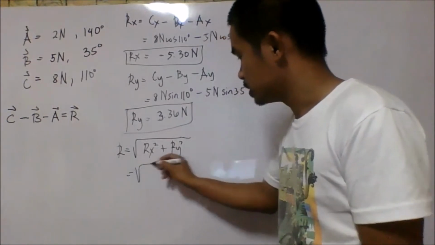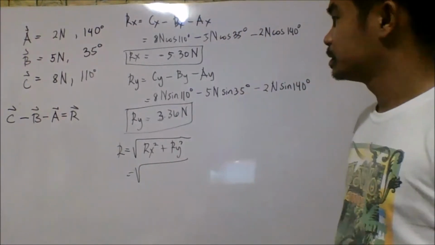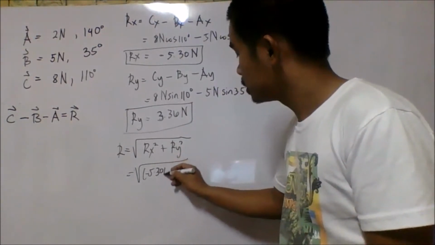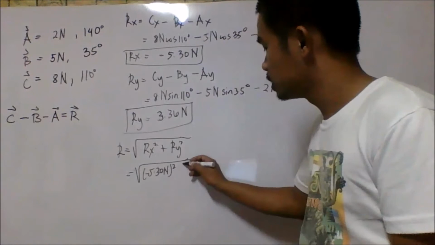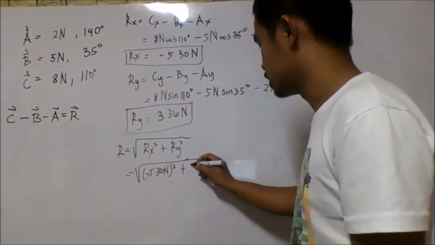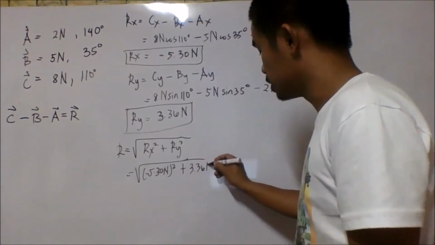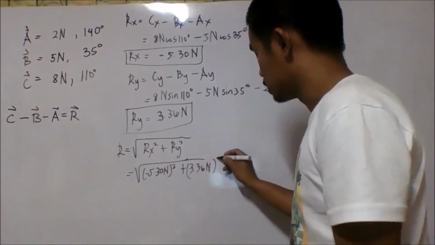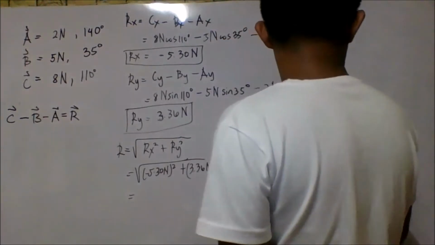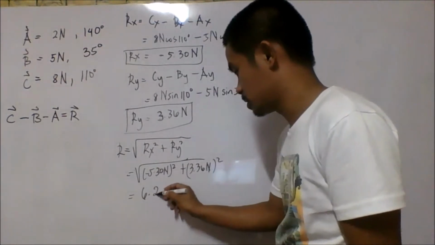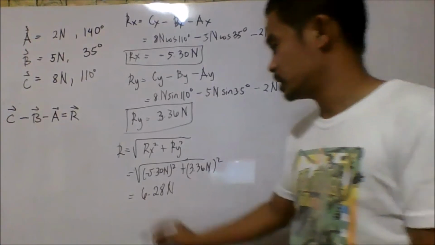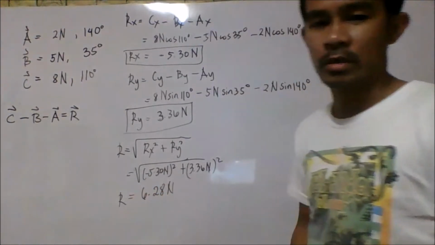So that is the square root of negative 5.30 Newton quantity squared plus the square of the y component, which is 3.36 Newton squared, then that's approximately equal to 6.28 Newton. Okay, so this is the magnitude of vector R.